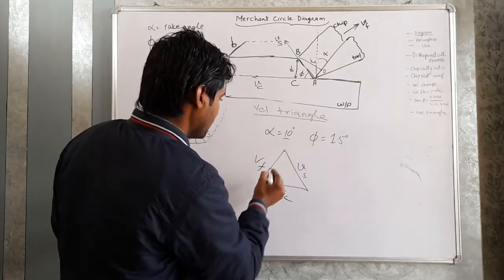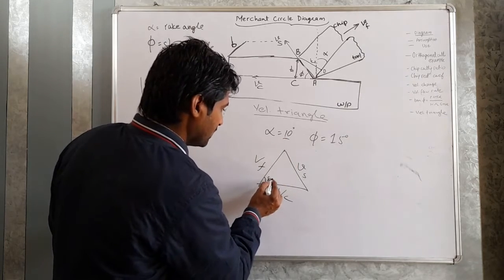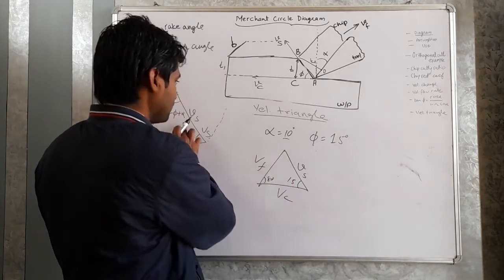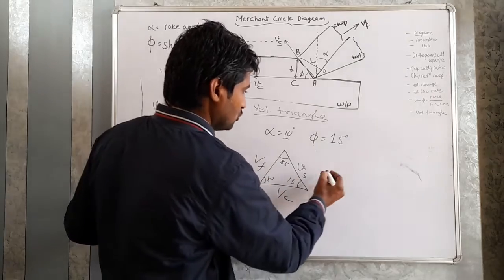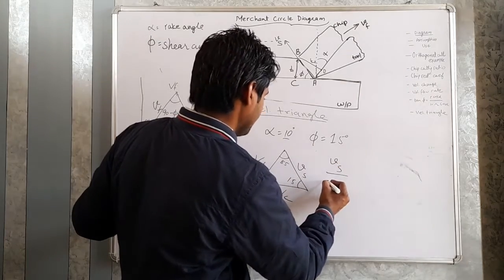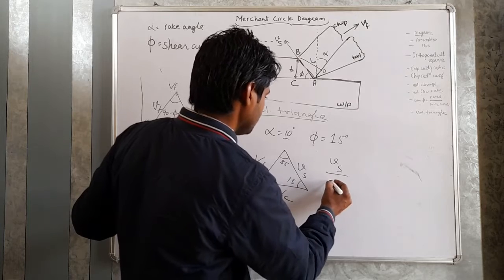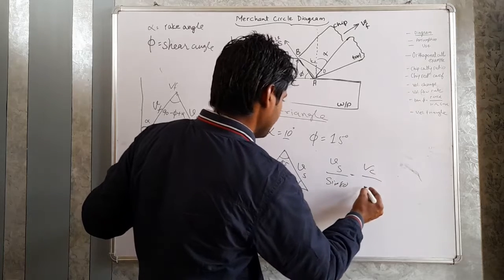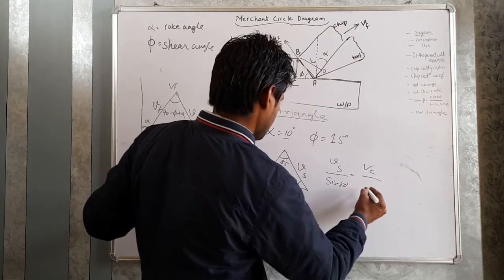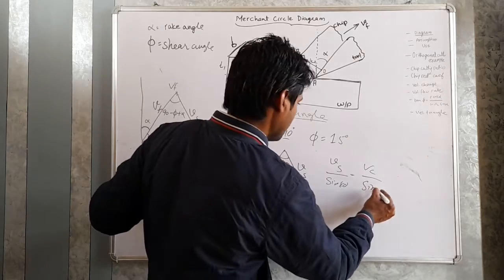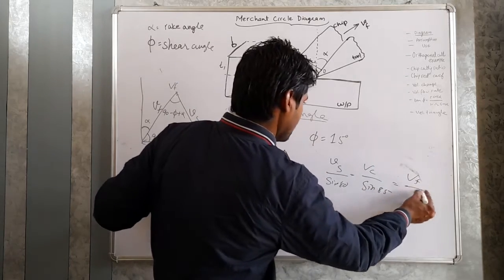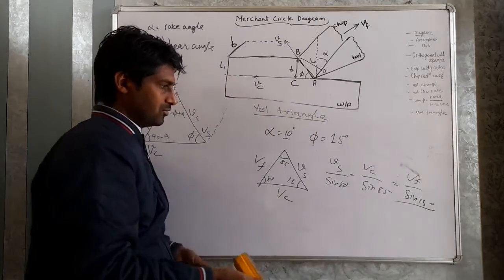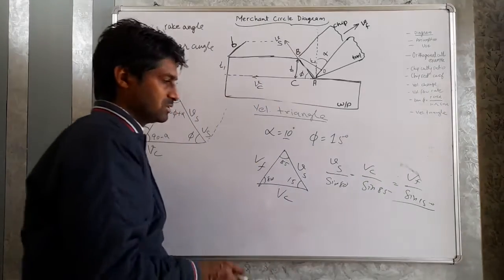With alpha 10, 90 minus 10 becomes 80, phi is 15, and 90 minus phi plus alpha becomes 85. So you can find Vs divided by sine 80, Vc divided by sine 85, and Vf divided by sine 15, and directly find the answer in terms of this.